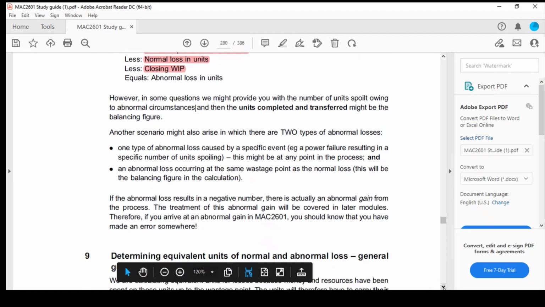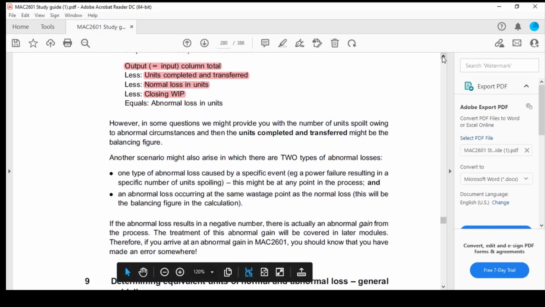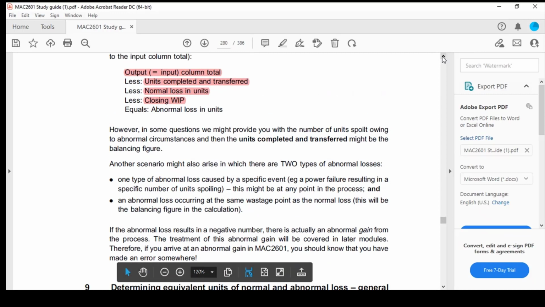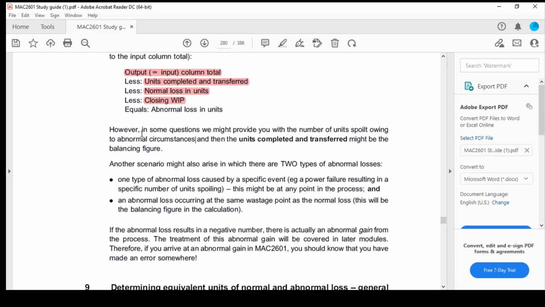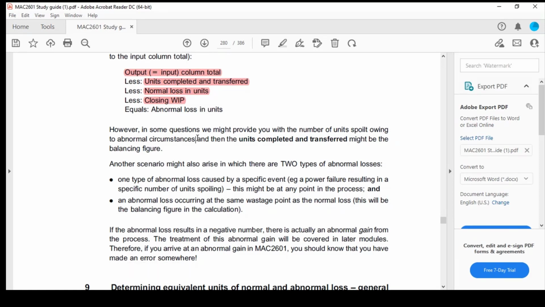Practice. But don't be worried too much, guys. If you practice, you'll be fine. So in some questions, they might provide you with the number of units spoiled owing to abnormal, and the units that are completed and transferred might be the balancing figure.